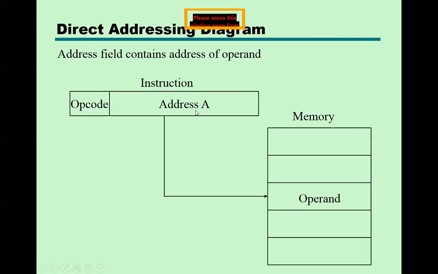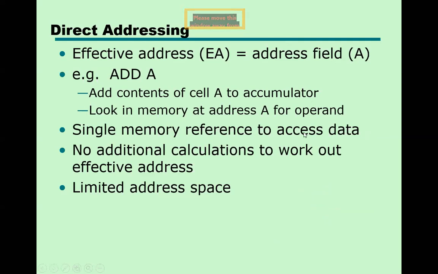As we have discussed earlier, for the respective address, whatever operand value is there, that value will be added to the accumulator. For that purpose, we look in memory at address A for the operand, and that operand is chosen for the addition with the accumulator in the instruction add A. In direct addressing, we use a single memory reference to access data.